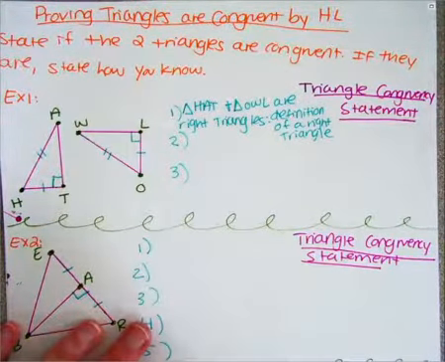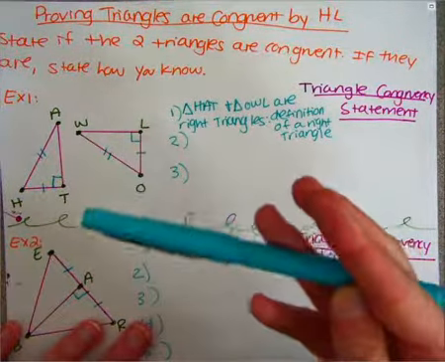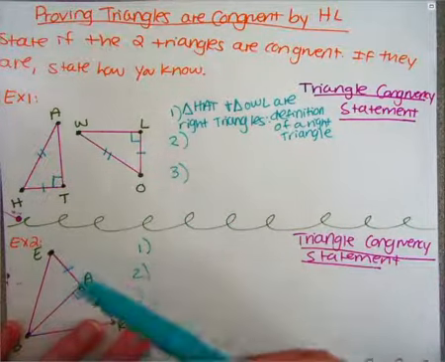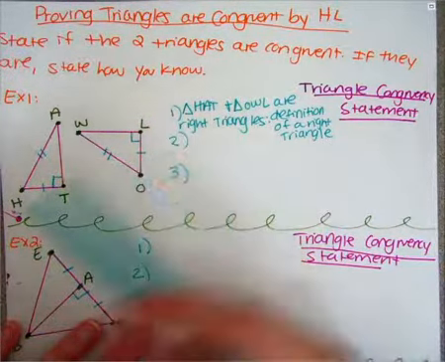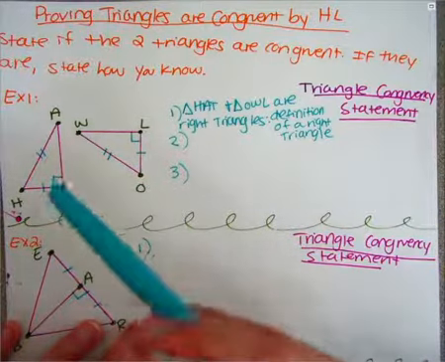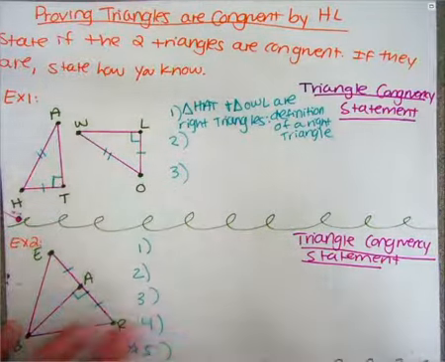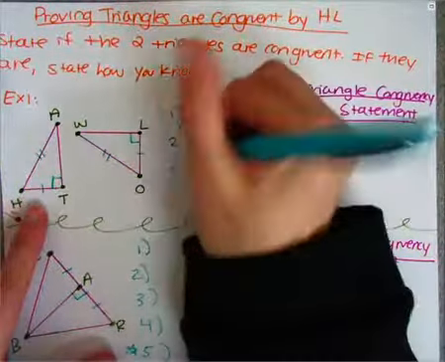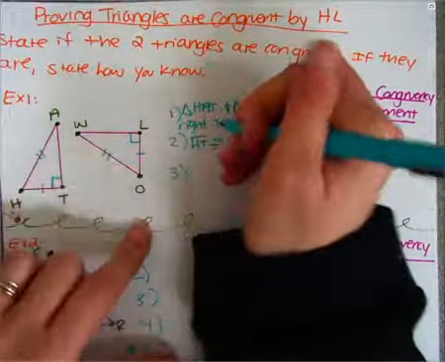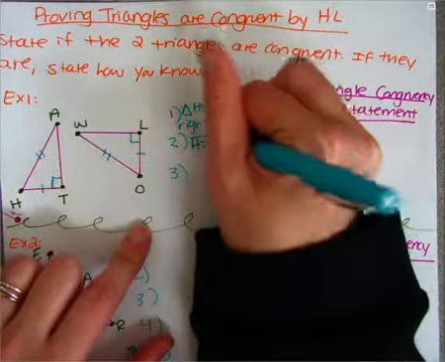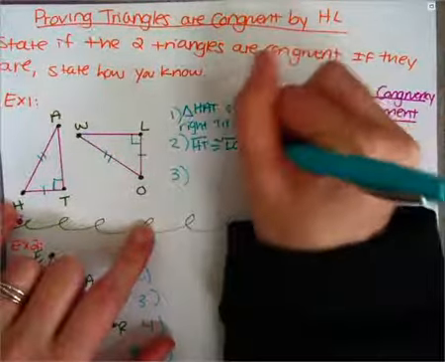Okay, so now that I know they're right triangles, now I can be looking to see if there are two legs that are marked congruent and then two triangles that have the same exact markings on the hypotenuse. So let's see here. I know for a fact that HT is congruent to LO. And I know that because it was given to me.